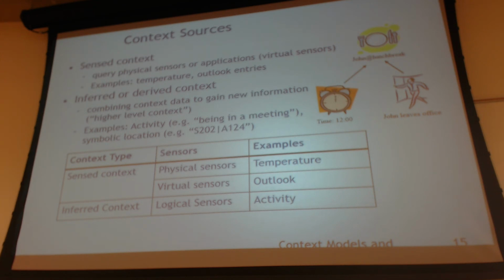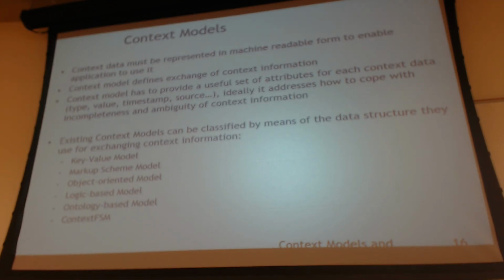Now you also have to talk about context models. What are the different models that exist? So let's talk a little bit about context models. Context models are a way of representing the context data so that it can be read by a machine. There are many different types of context models.